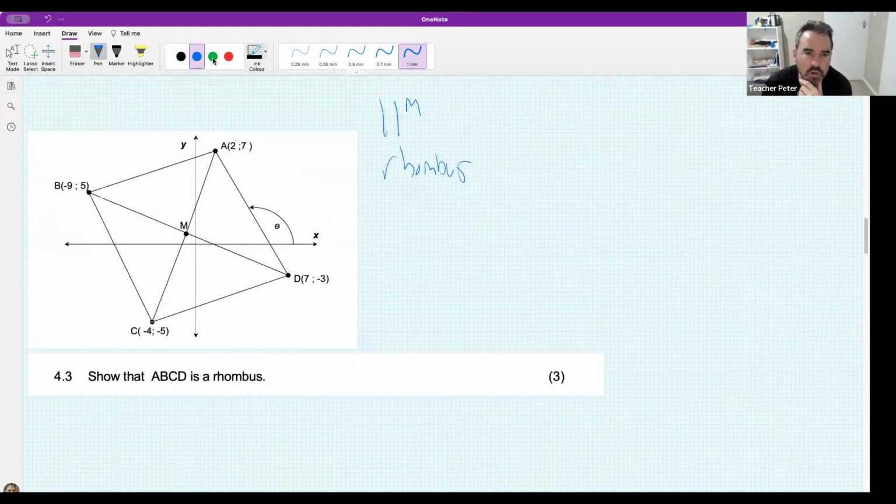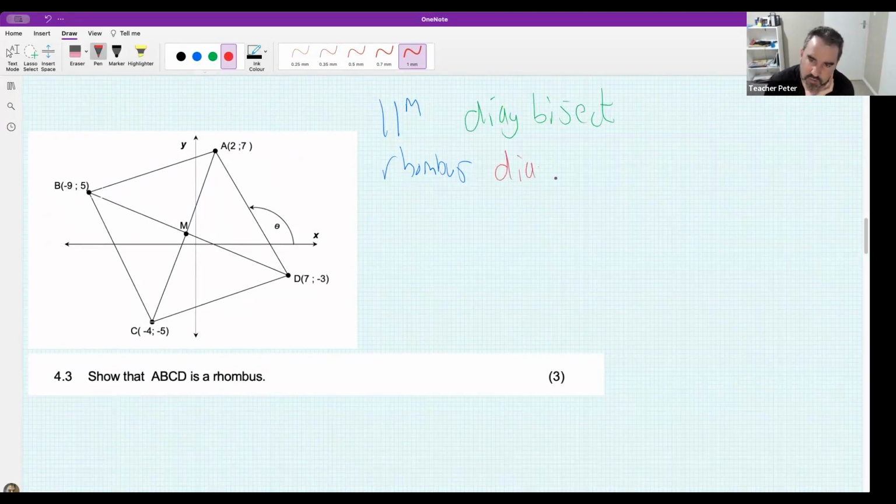To show something is a parallelogram, you have to show that the diagonals bisect. To show it's a rhombus, you have to show that the diagonals bisect at 90. That's one way of doing it. There are other ways, but by far the quickest and easiest way is to work with the diagonals and show somehow that these diagonals meet at 90.